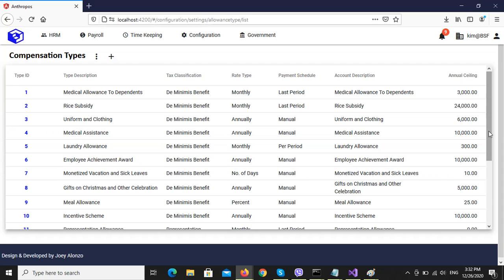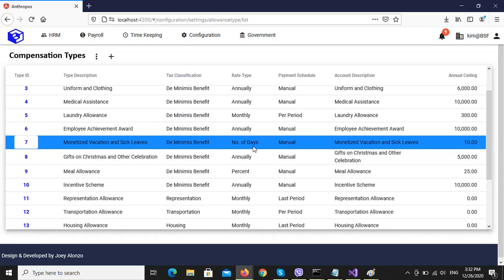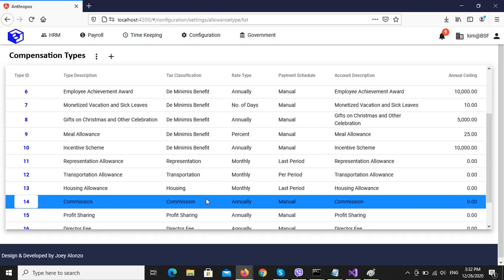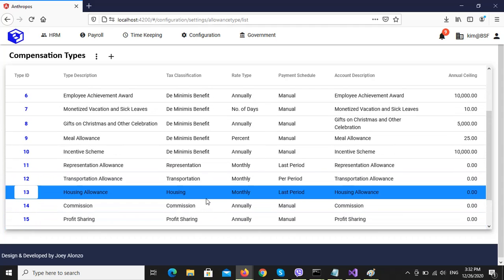If it is de minimis, it will go to the de minimis. If it is representation, it will go to the representation, transportation, and housing, and so on. This is the way we classify the compensation, so that when we create the 2316, they will be classified properly.